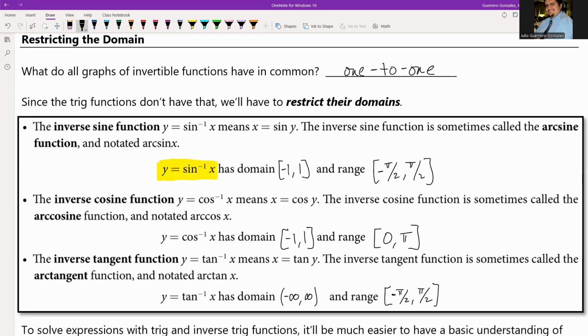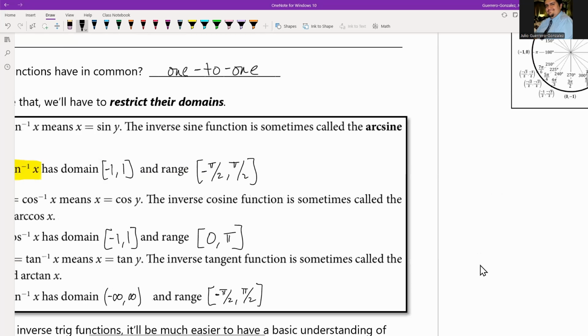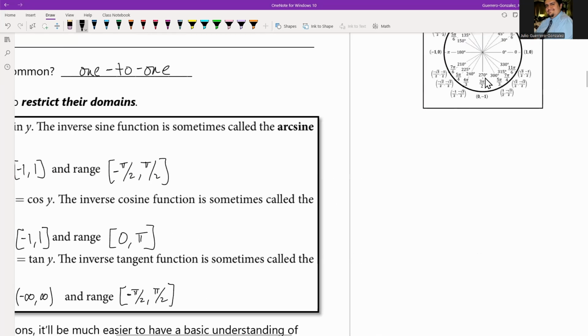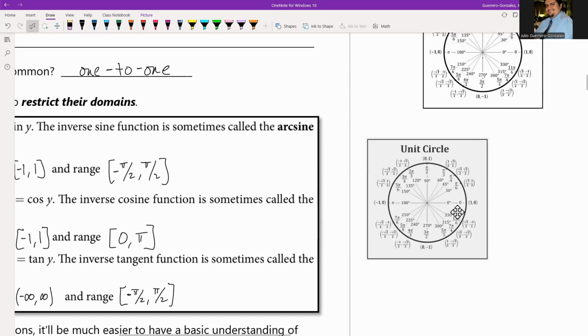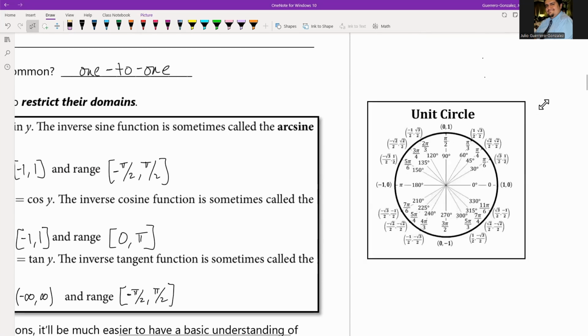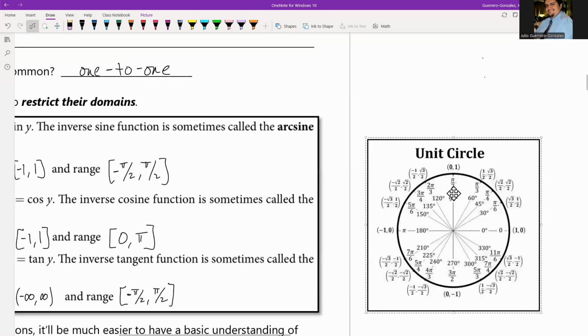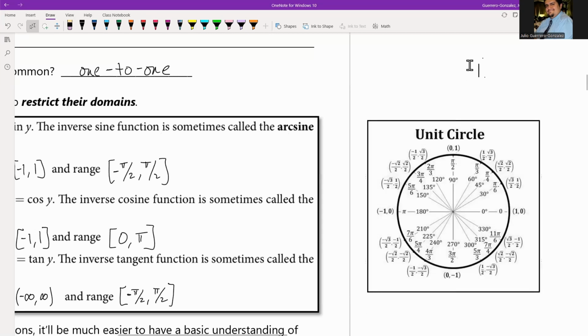We are done. Now, why does this work? Let me scroll to the side a little bit and take a look at the unit circle that I have right here. So watch this. For sine inverse, we are only looking at angles that show from -pi over 2 to pi over 2.